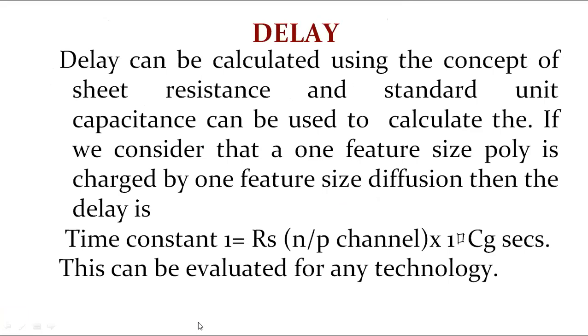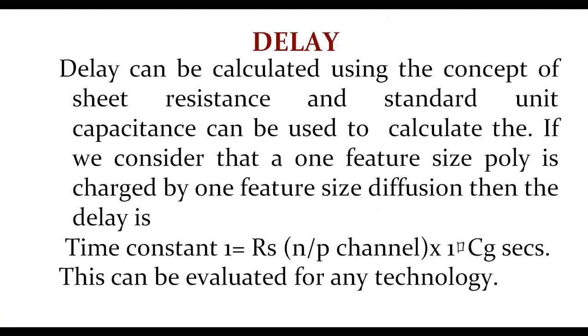What is meant by delay? What is the importance of delay? Delay can be calculated using the concept of sheet resistance. Delay, that is time constant tau, can be calculated using the concept of sheet resistance and standard unit capacitance.